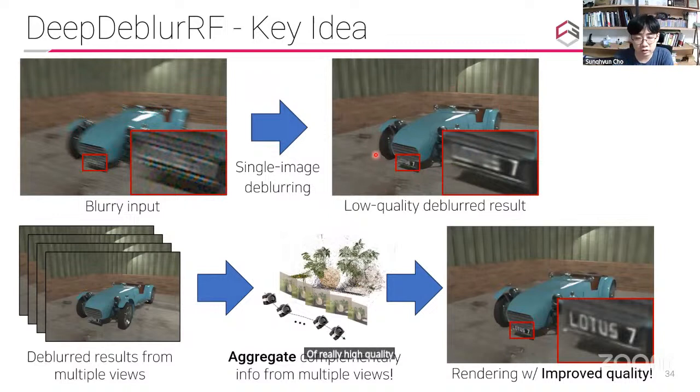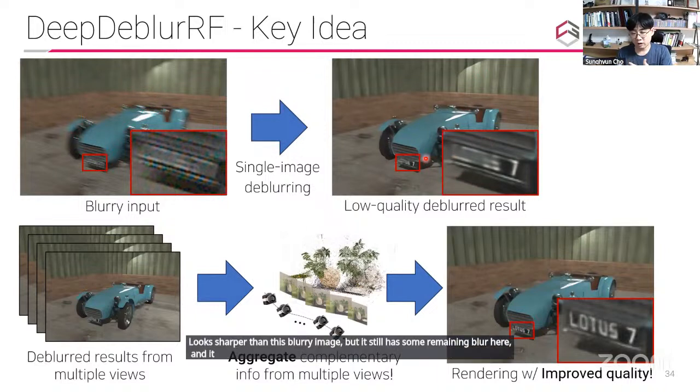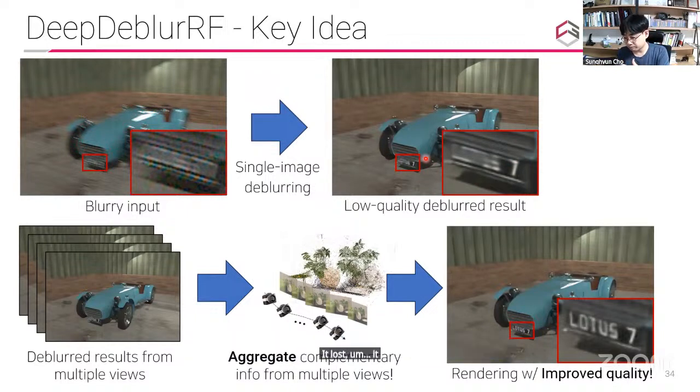As you can see here, this deblurred result looks sharper than this blurry image, but it still has some remaining blur, and it has some high frequency information that is lost.